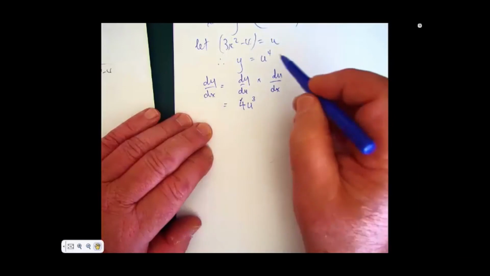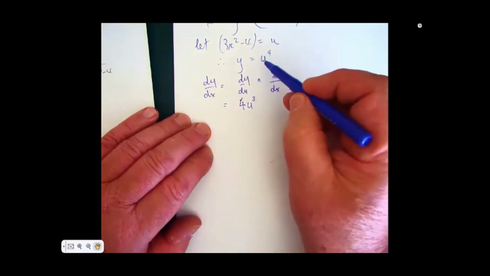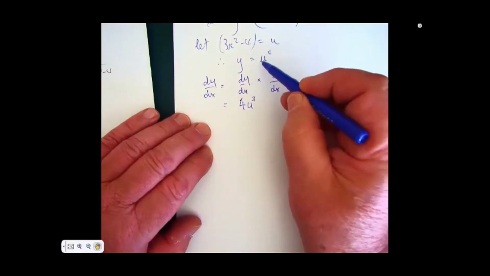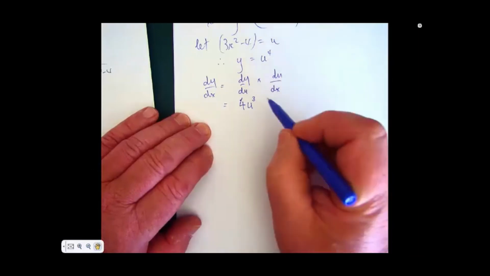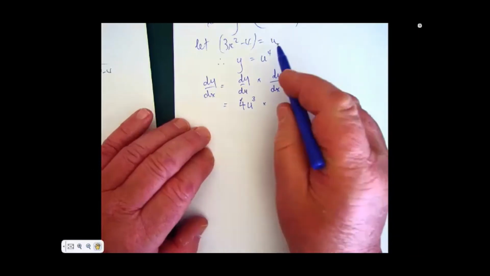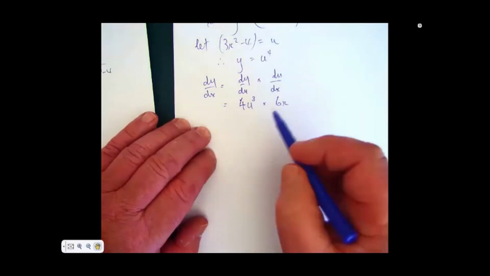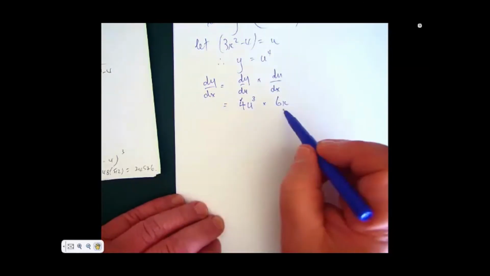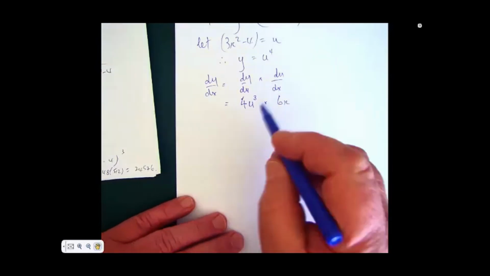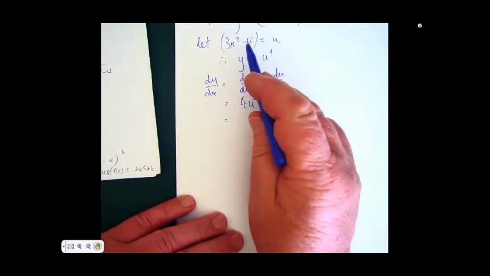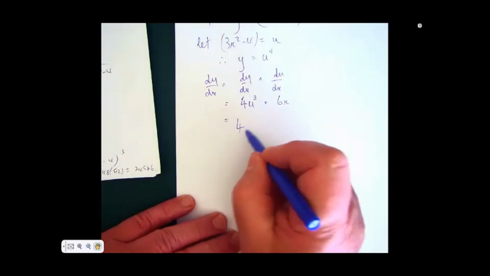Do you see why? Bring the 4 down, multiply by the power, which is 4, and reduce it by 1. And du dx is going to be this one, which will be 6x. And the 4 disappears. So just check through that again to see that you agree. Now we can substitute this term back in for u. So what we've actually got is this.